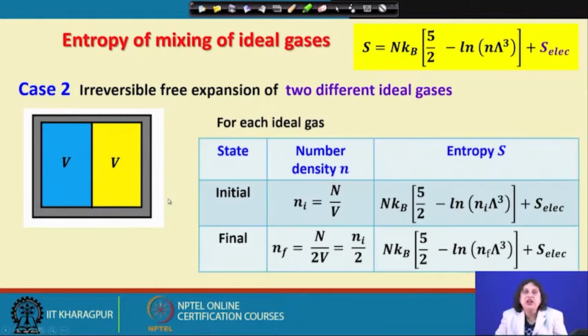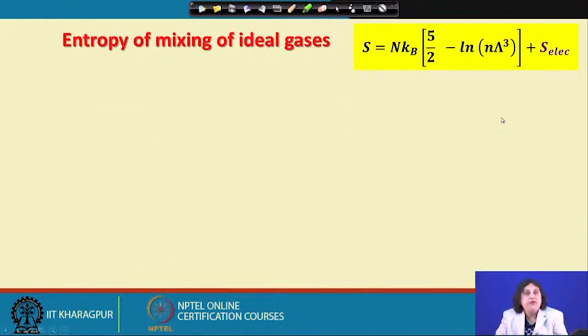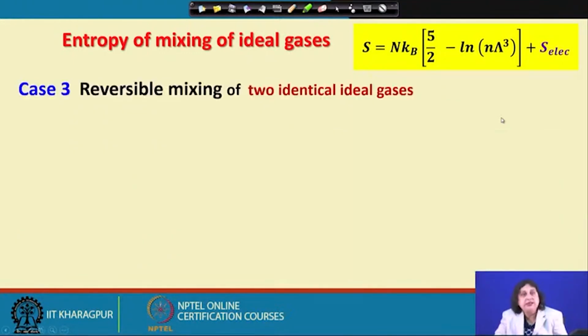Therefore, for each ideal gas, I can repeat the same argument, and say that the change in entropy is going to be positive, and twice the amount of what we have seen in case 1, and that is correctly predicted by the Sackur-Tetrode equation.